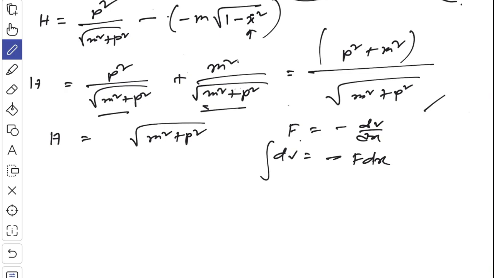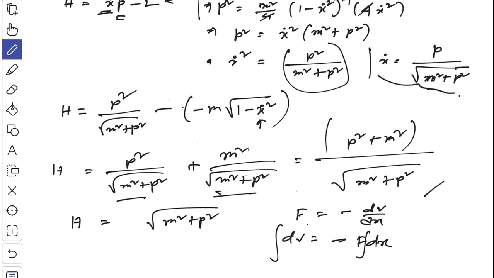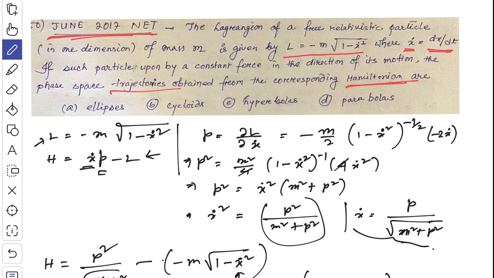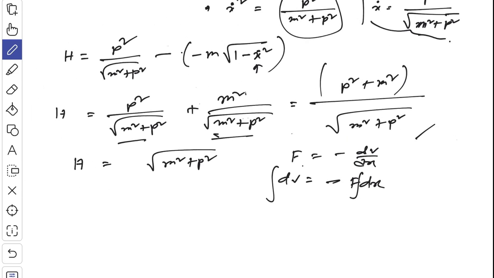So integrating both sides. But here you see one more thing. Here the force applied is constant. It must be mentioned somewhere in the question that it is a constant force, isn't it? That's why we are not integrating the term F here. So V will be equal to minus F of x. So we have to write here minus F of x.